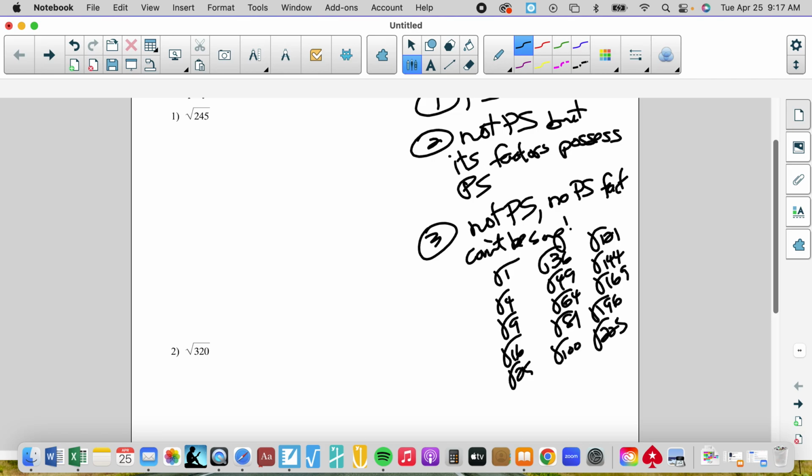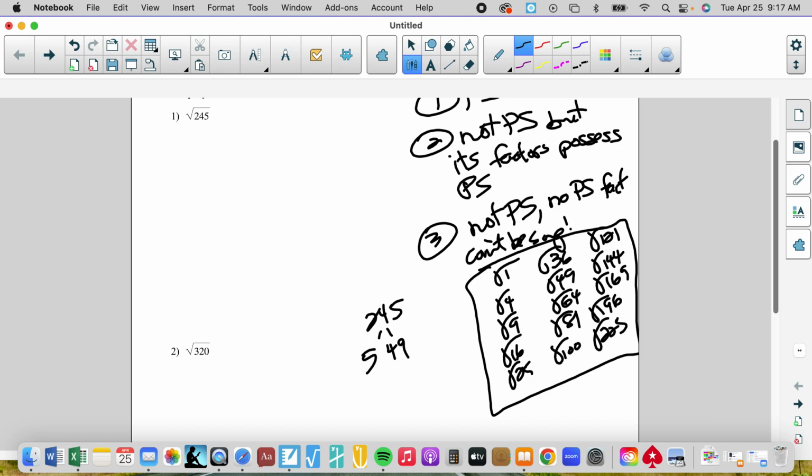So the other technique that you can utilize, not only looking at perfect square factors, is to break it down and do the prime factorization of 245. Well, 5 goes into this 49 times, and 5 goes into 45 9 times.